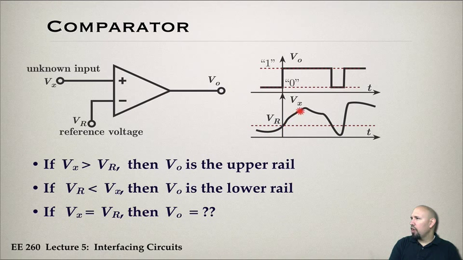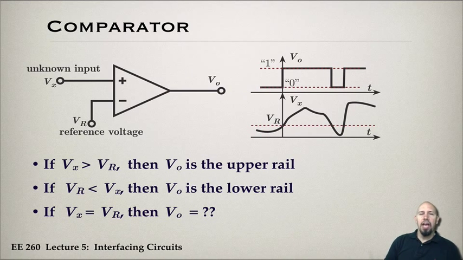As long as Vx is above Vr, I stay at the upper rail. When the voltage goes below Vr, it switches down to the lower rail. When it goes back up above, it switches back up. And so basically, this signal gets converted into a digital signal through the use of a comparator.